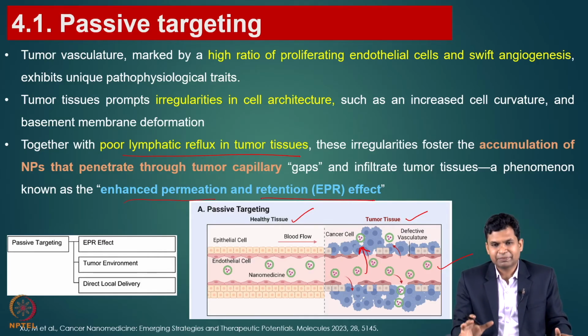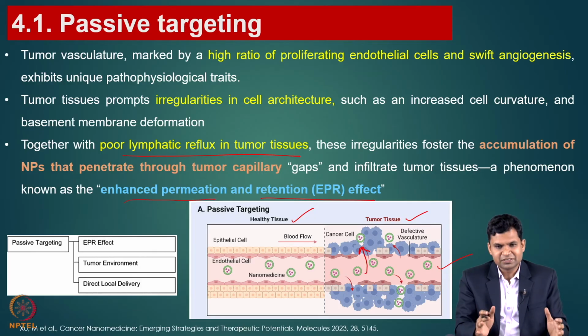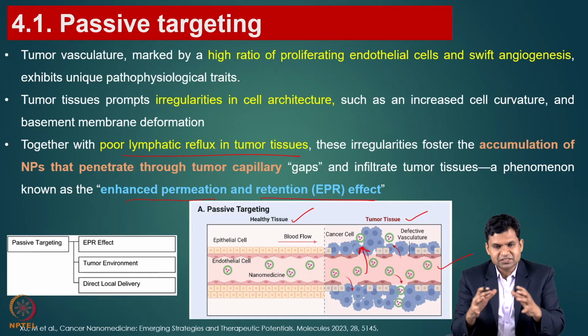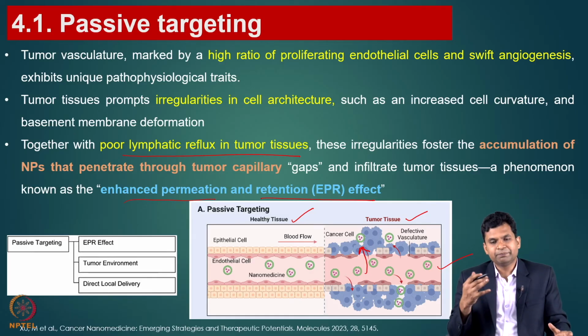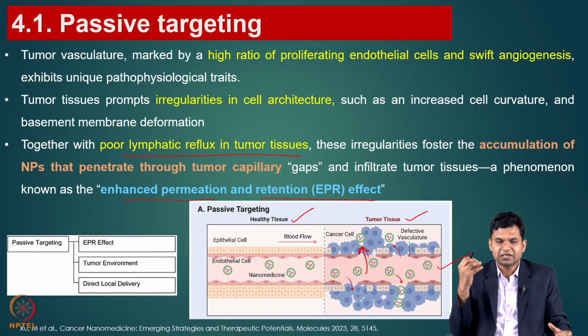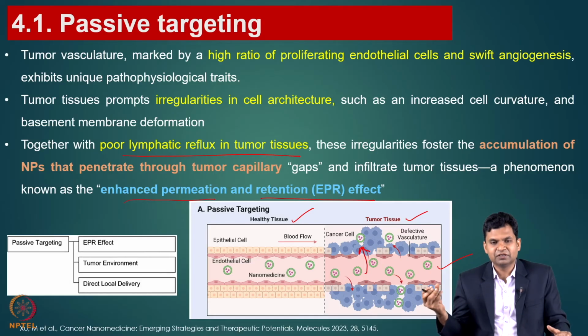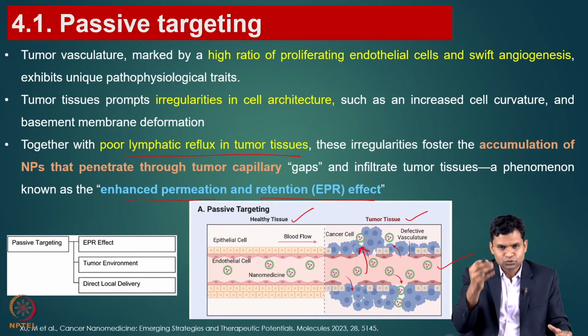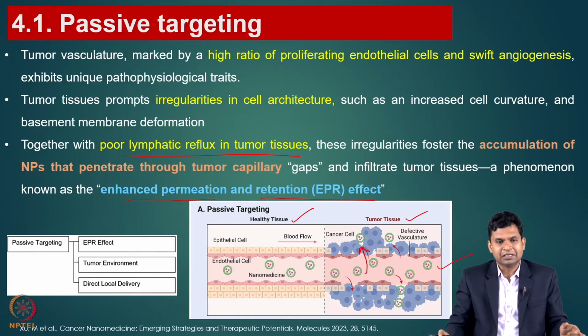This type of passive targeting is possible only in tumor cells, whereas in normal cells there are no chances of passive targeting by the EPR effect. So, based on their pathophysiology, people have hypothesized this system: the nanocarriers, because of their nano size, will permeate through the irregularities in the cells, and they will be retained for a longer time compared with other cells.